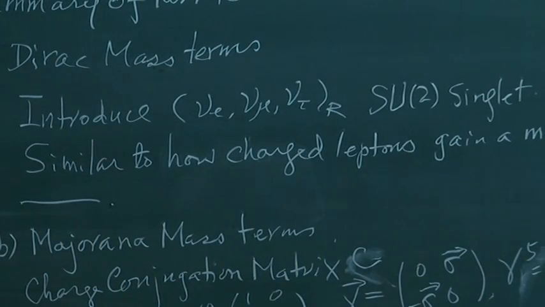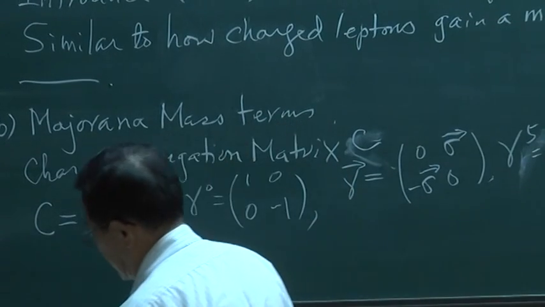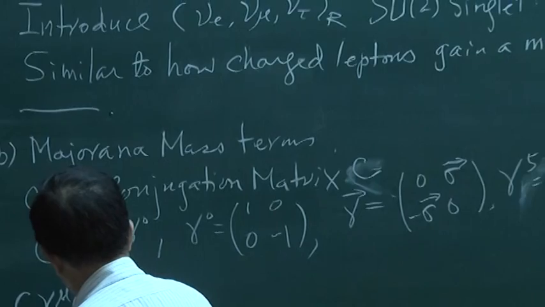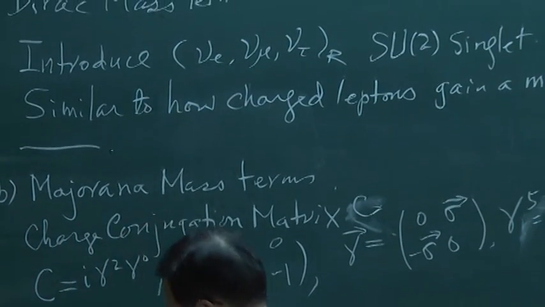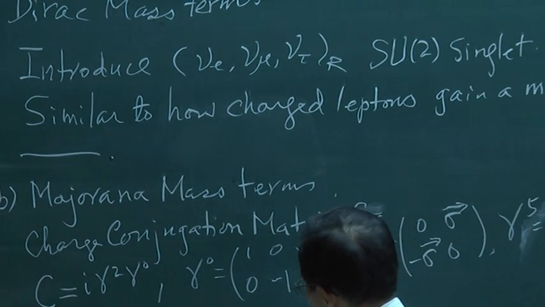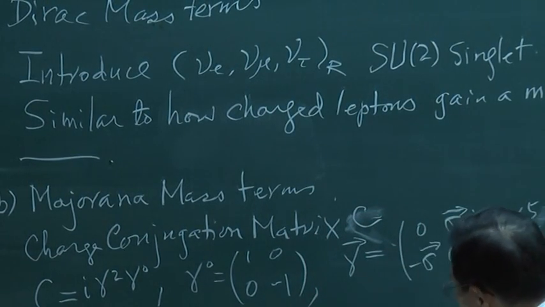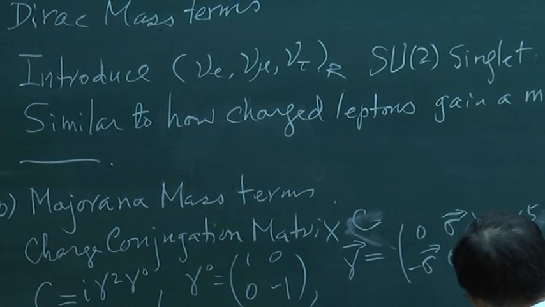The charge conjugation C has the property that C gamma mu C inverse equals minus gamma mu transpose, and C is anti-symmetric.